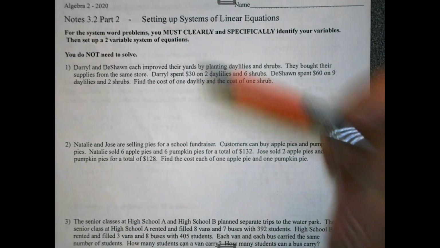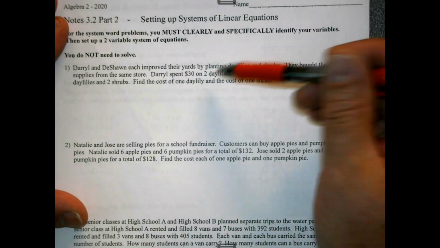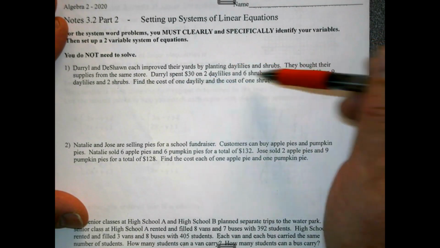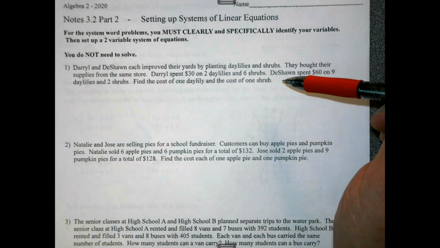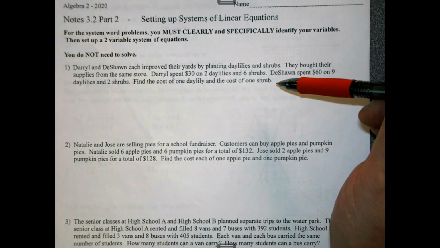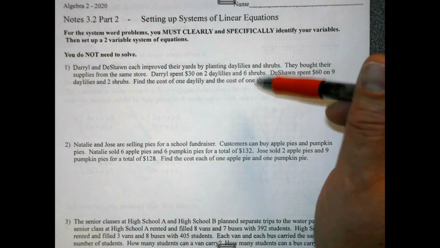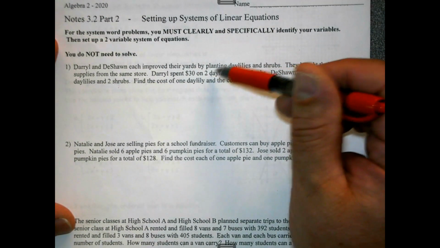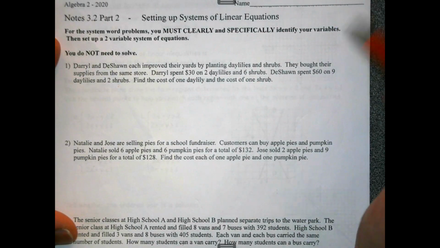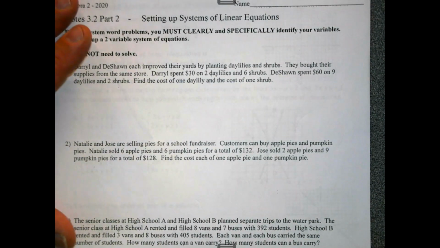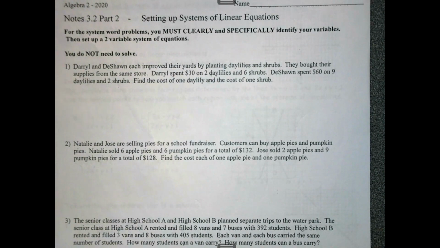Personally, I like to use the first letter of the word that we're looking for. But if you want to use X and Y, I'll do the first problem with X and Y, but the next problems I'll usually use the first letter of the word. So let's define our variables.